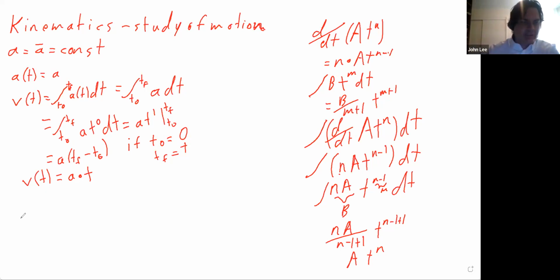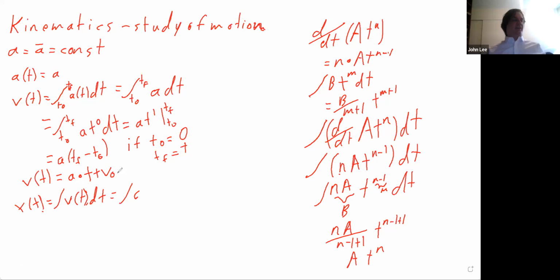And then do the same thing again. x of t equals the integral of v of t dt, plus v naught. I forgot the constant.